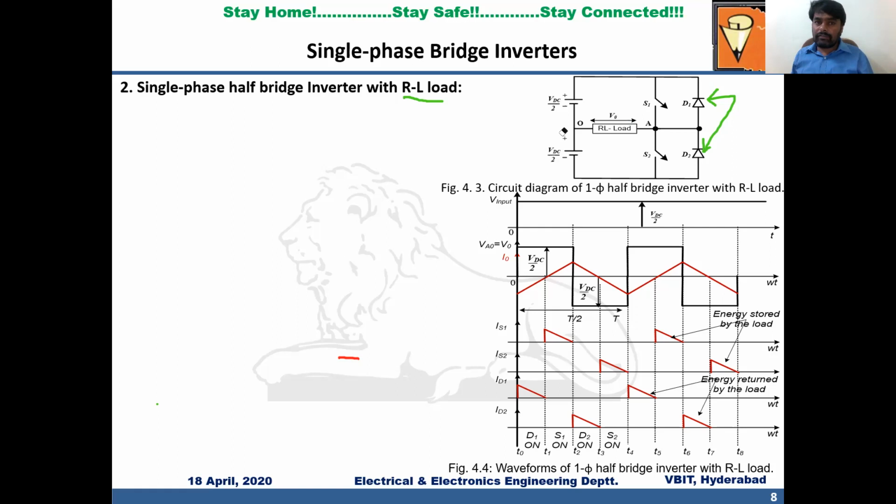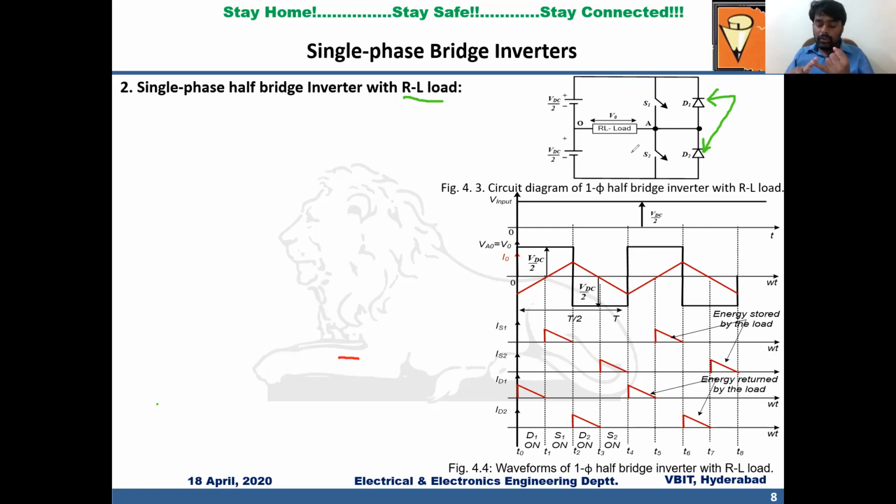During that interval, the load feeds power back to the source either through D1 or through D2. That is why these diodes are called feedback diodes. They feed power back to the supply when the load is other than resistive.